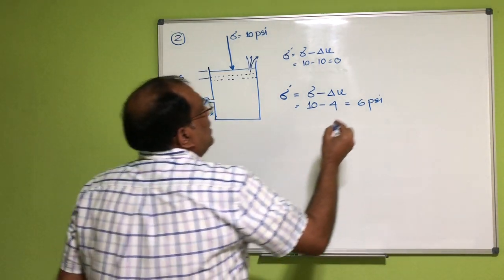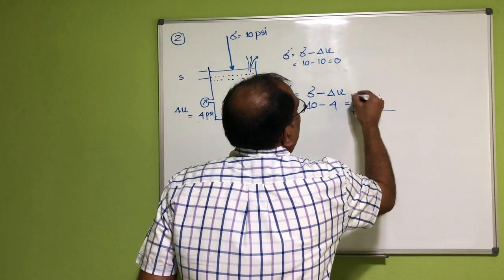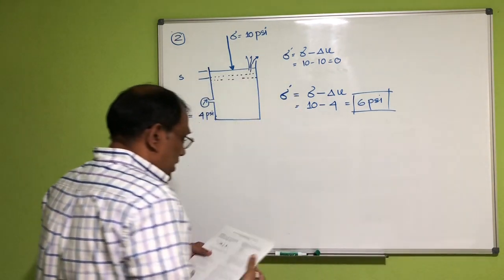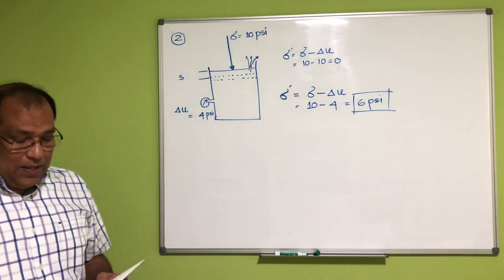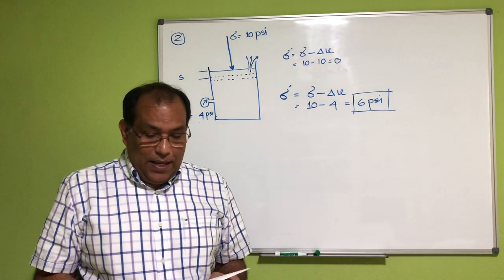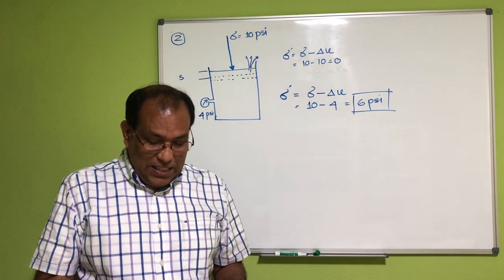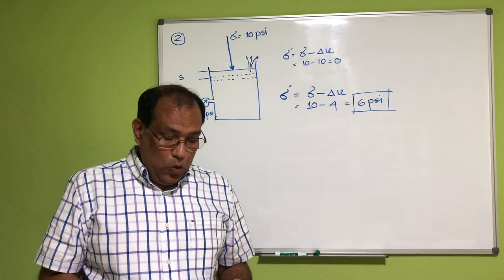So anyway, this is your answer, which should be B. Anyway, 6 kPa load.